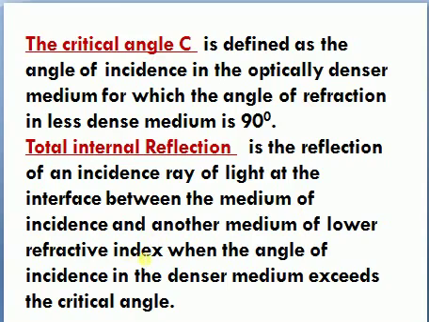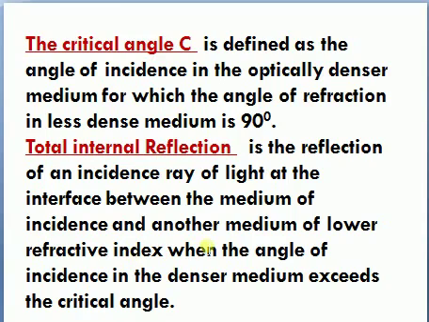Lower refractive index, when the angle of incidence in the denser medium exceeds the critical angle. So remember, before we have total internal reflection, the angle of incidence has exceeded the critical what? Angle. And remember, our angle of incidence is in the more dense medium, whereby the angle of refraction is in the less dense medium. Let's define it again.